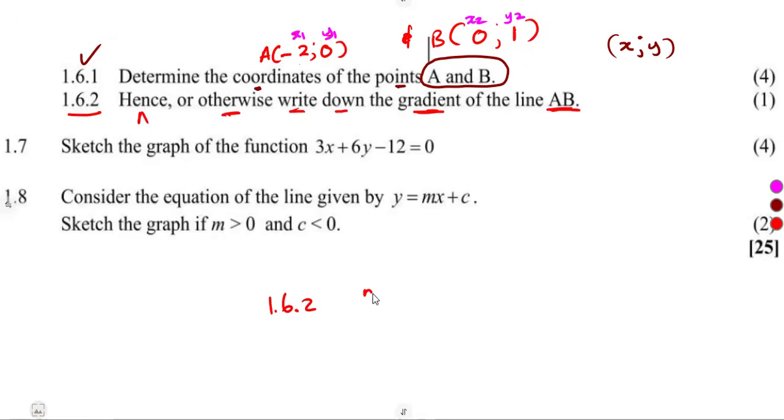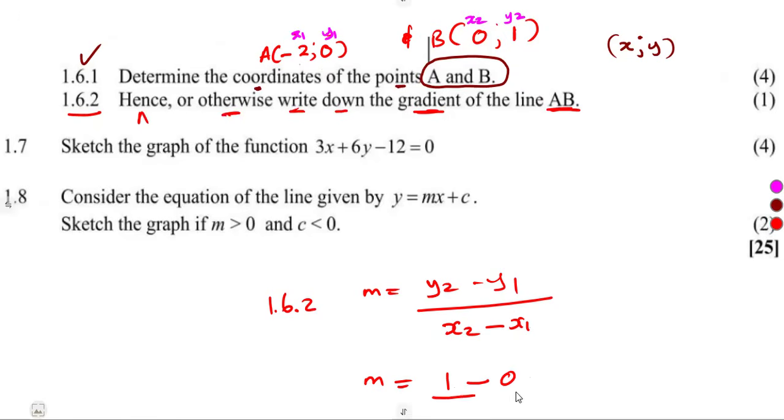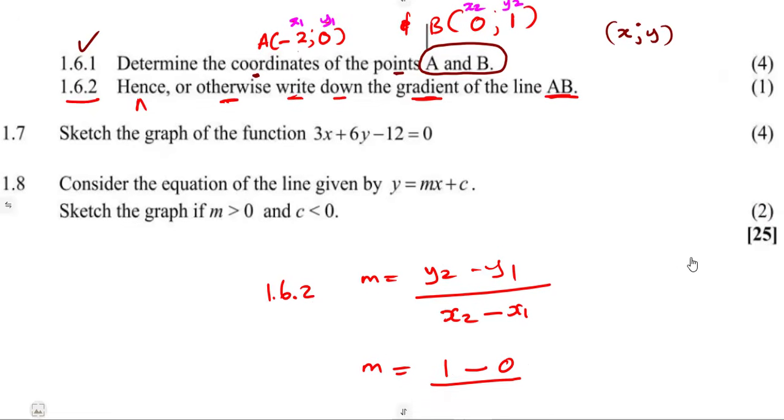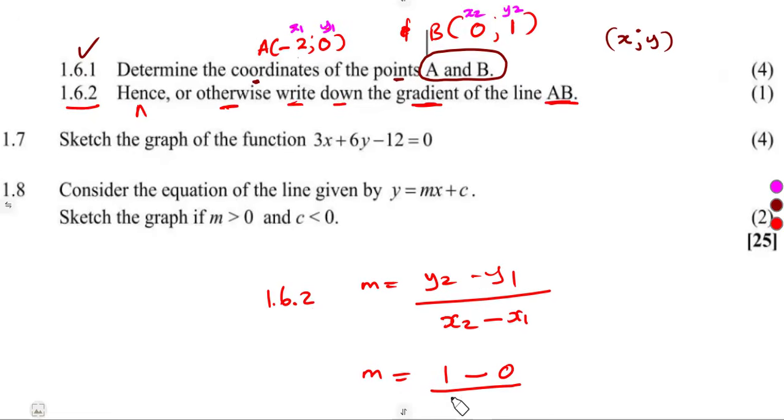Remember, guys, our formula for the gradient m is equal to y2 minus y1 over x2 minus x1. We substitute the y value, which is 1, minus y1, which is 0, everything over x2, that's 0, minus x1, which is negative 2.